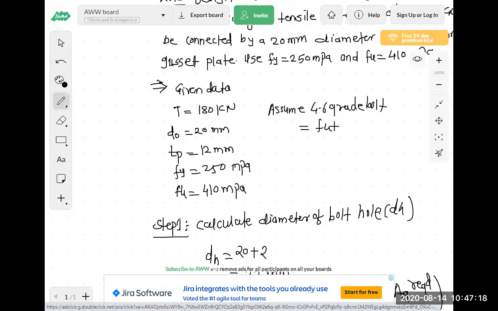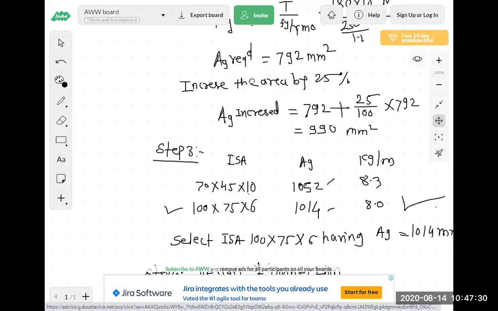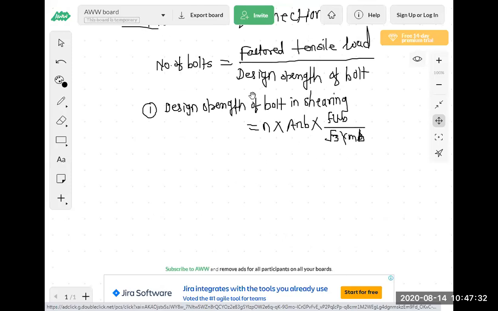So fub is equal to 400 Newton per mm square. You can assume other grades of bolt also, or you can write it here, no problem. Assume 4.6 grade bolt.